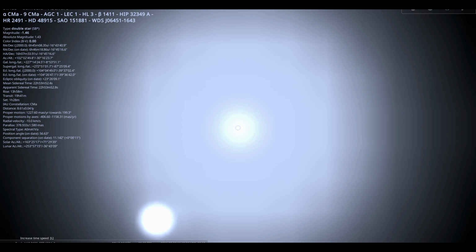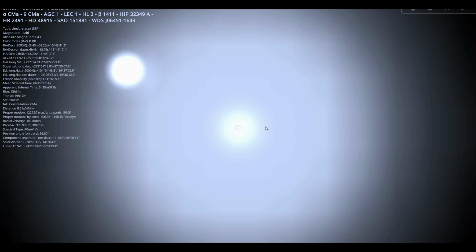Yep. So look, as time passes, Sirius B will pass in front of Sirius A. As you can see, it is slowly moving around the star, but it is actually blinking as this is a binary system. Well, let me just speed up time to show you.